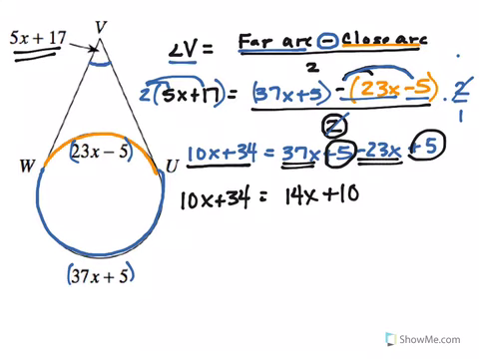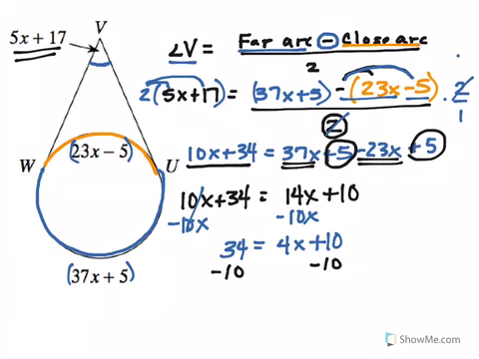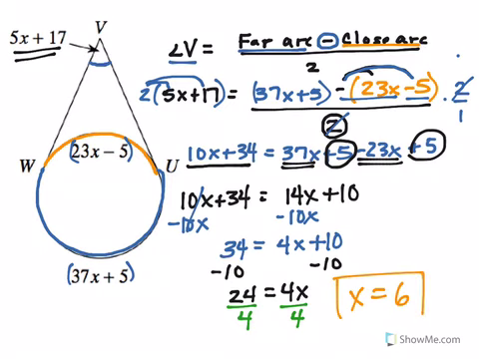We want to get all my x's on one side, so I'm going to subtract 10x from both sides, canceling here, giving me 34 is equal to 4x plus 10, and then we would subtract 10 from both sides, giving me 24 is equal to 4x, and finally divide by 4, which gives me my final answer of x is equal to 6.